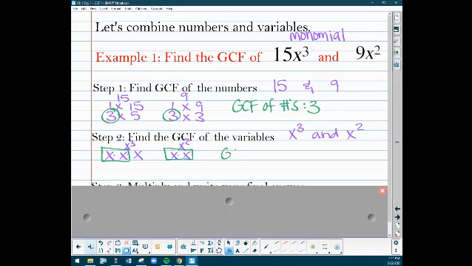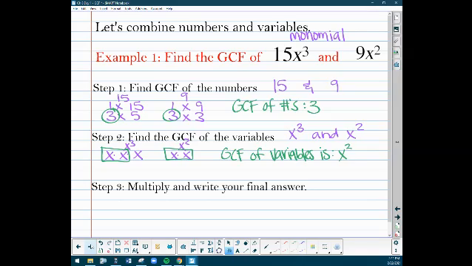So GCF of variables is x squared. They share 2 x's, so it's x squared. So we kind of do it in 2 parts. Look at the numbers, then look at the variables, and then for our final answer, we multiply these 2 together.